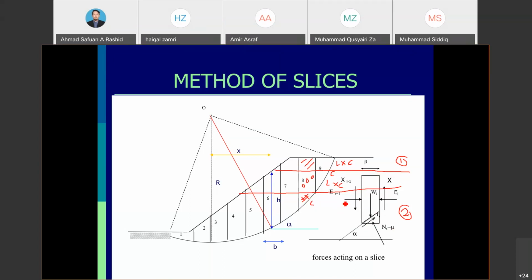There will be side and lateral forces acting on the slice, and also a force acting on the base.